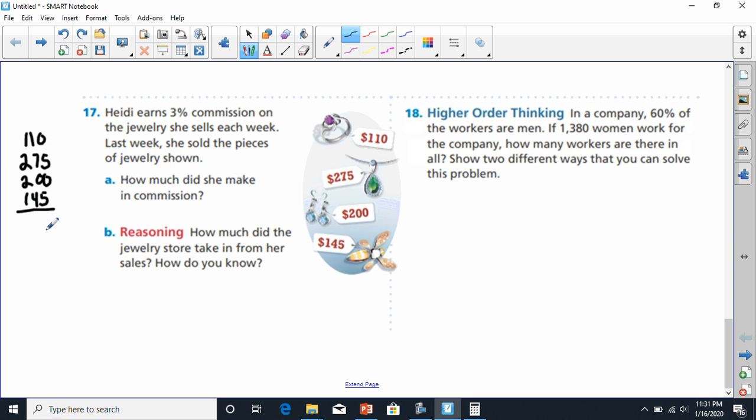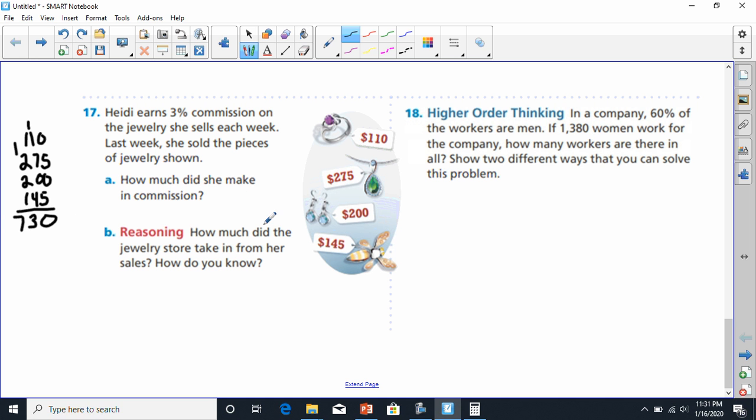Well, 5 and 5 is 10, so 0, carry the 1. 1, 2, that's 9, 10, 11, 12, 13. Carry the 1. That's going to give us 7.